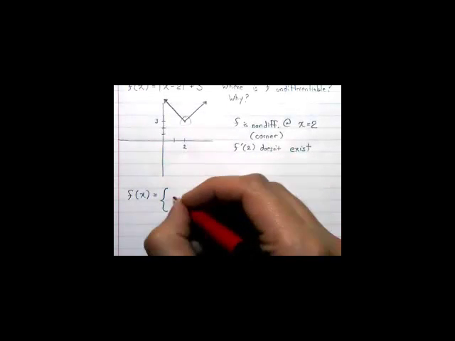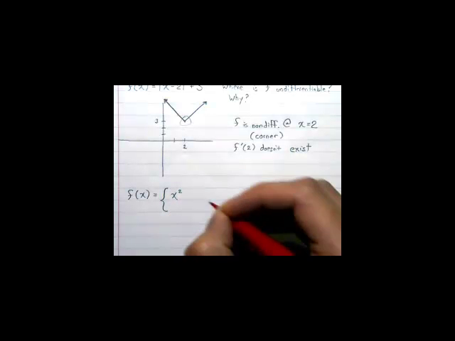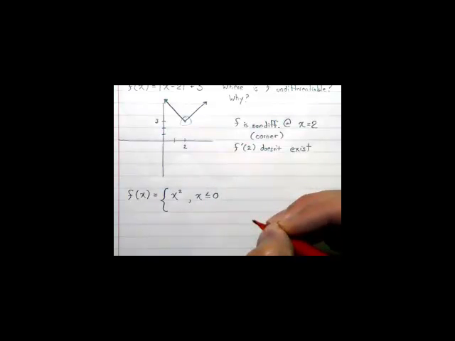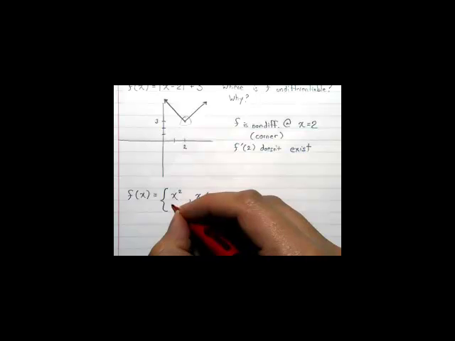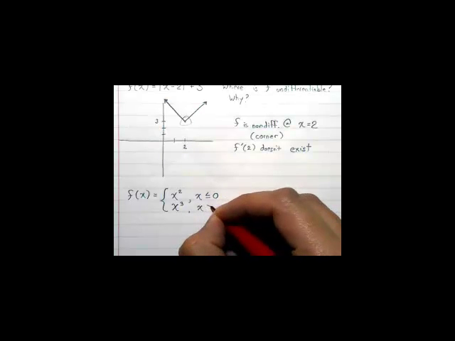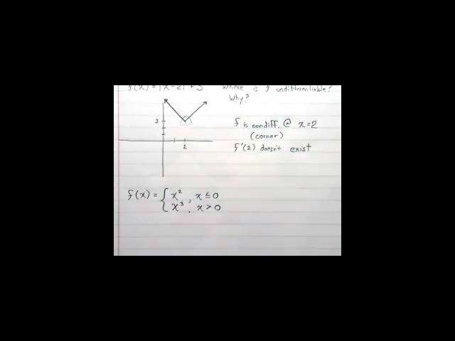And let's say we're going to do x squared for x less than or equal to 0, and we'll do x to the third for x greater than 0. And I want to know, does this function have a place where it's non-differentiable? And if so, where's it at?